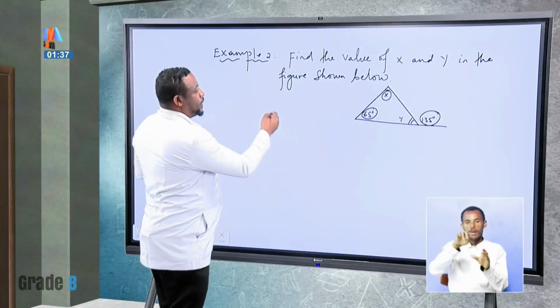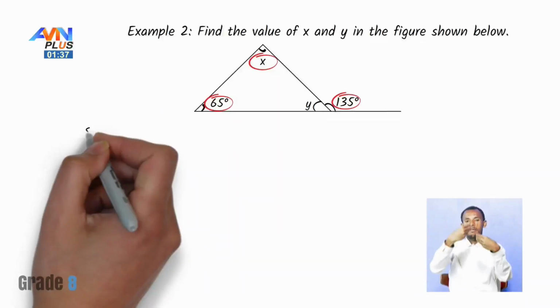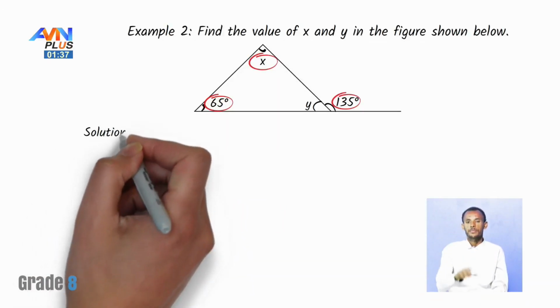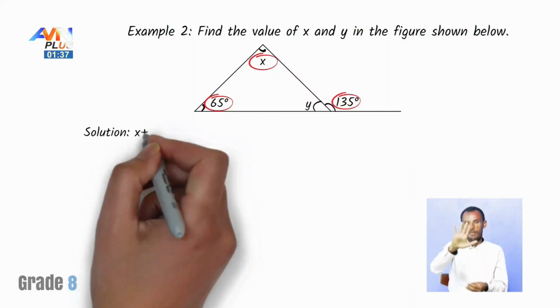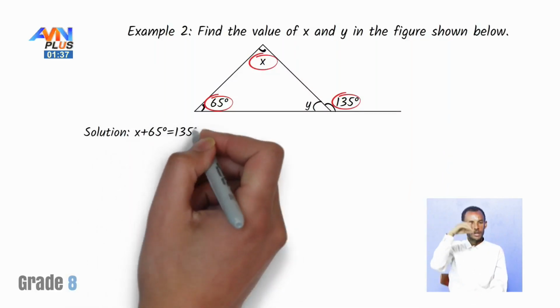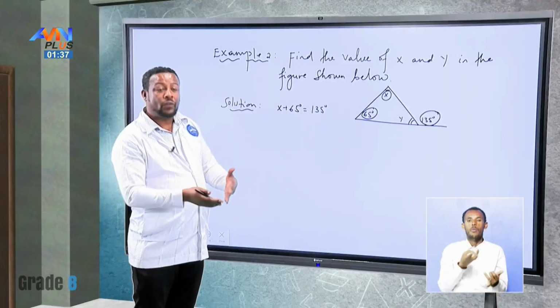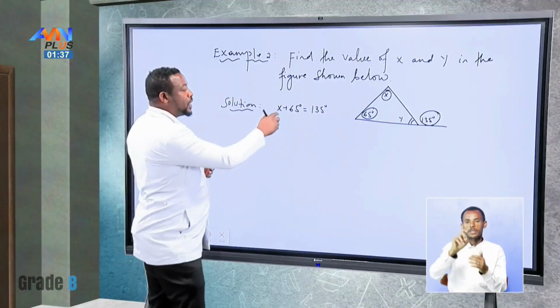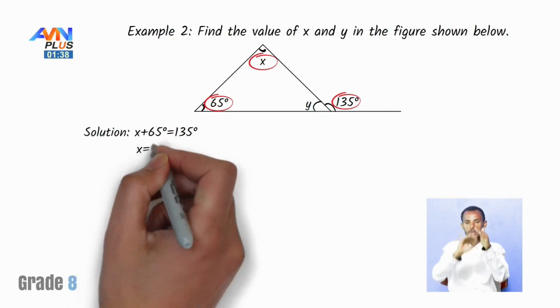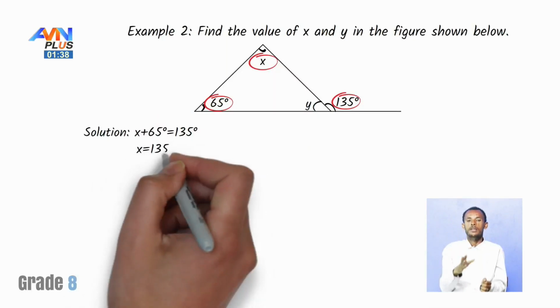So x plus 65 degrees is 135 degrees. Now we can get the value of x from this equation. Subtract 65 from both sides.